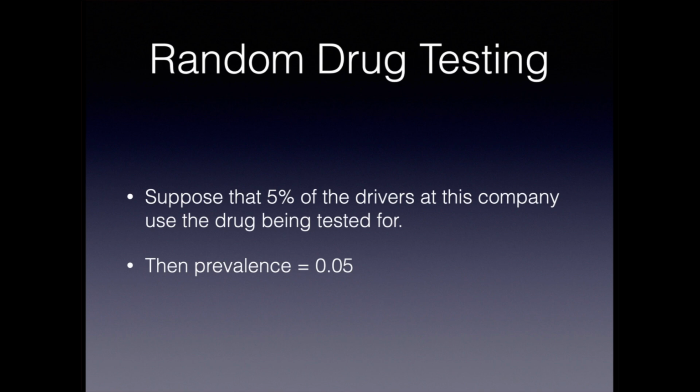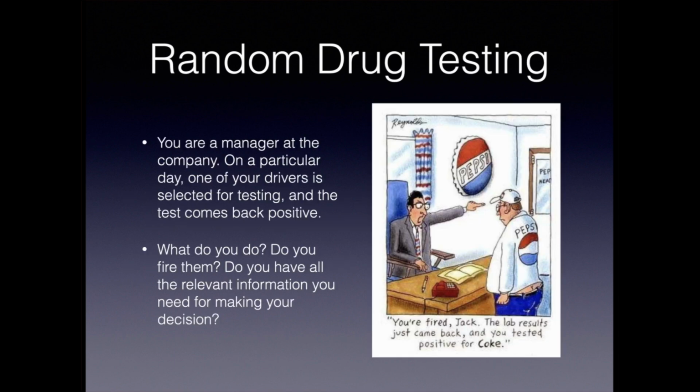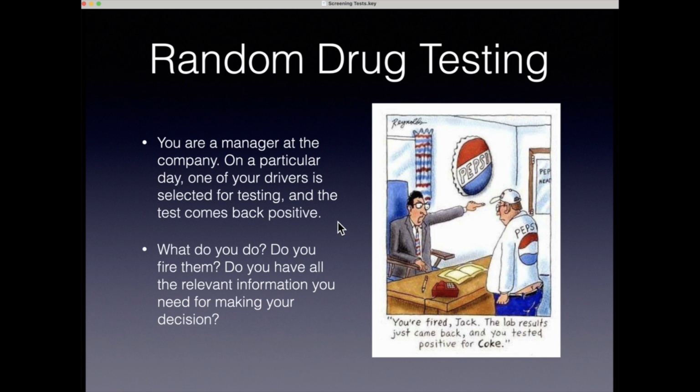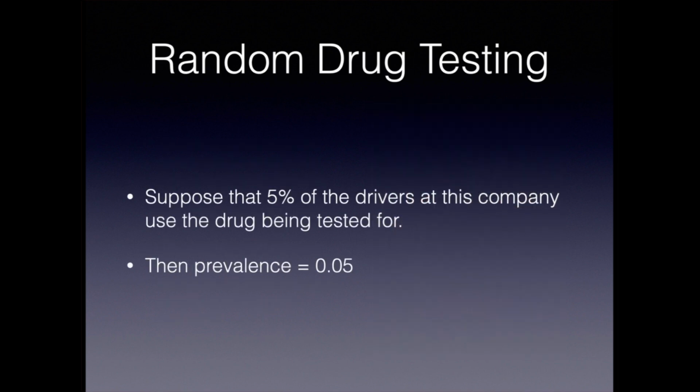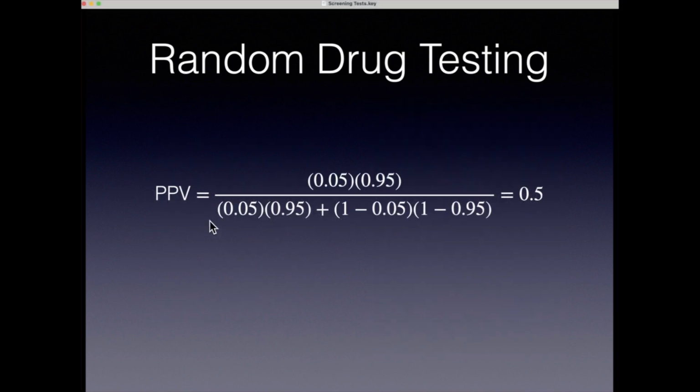So the relevant quantity that we need for decision making is the positive predictive value, not just the sensitivity, not just the specificity. We cannot base our decision just on the fact that the test came back positive in this case. We need to incorporate the information about the prevalence in order to get the positive predictive value.